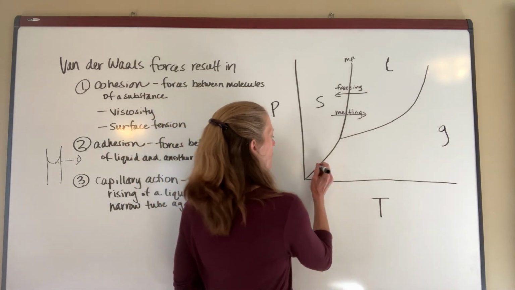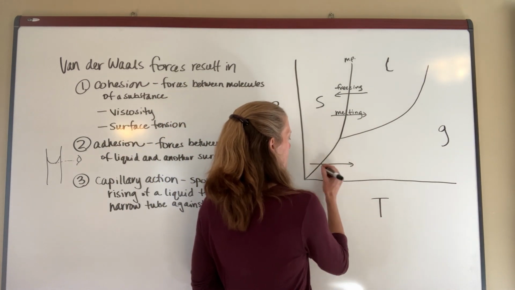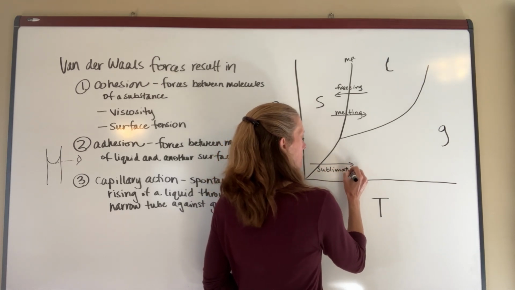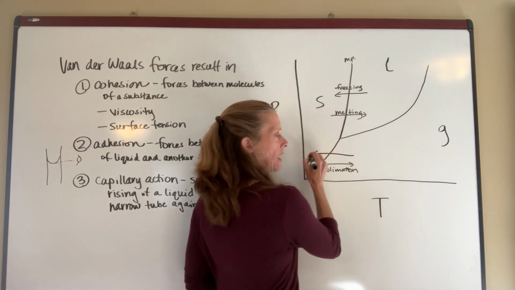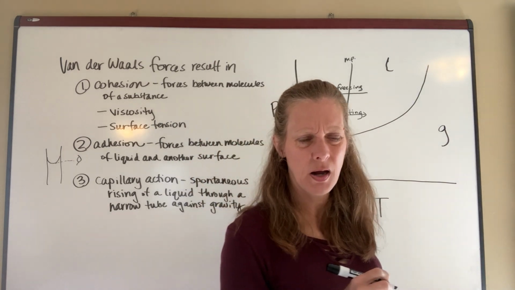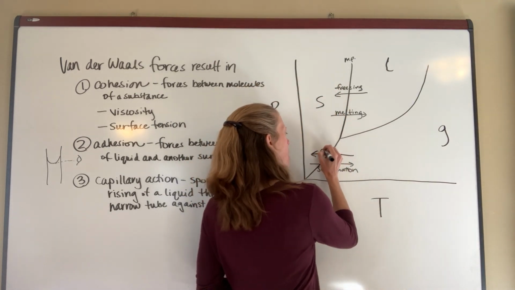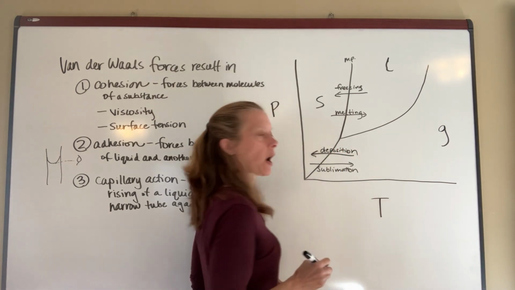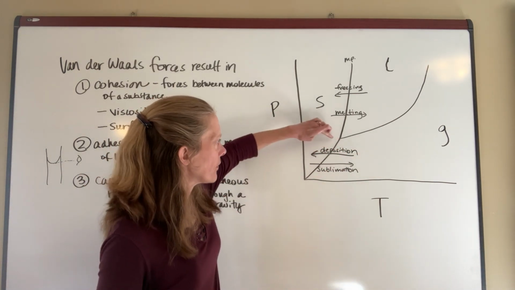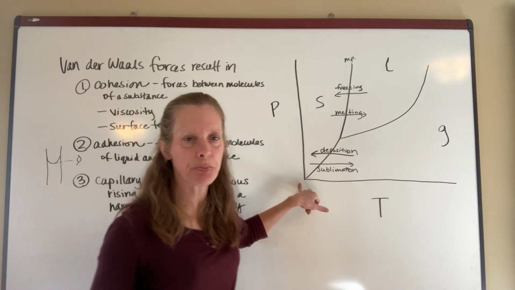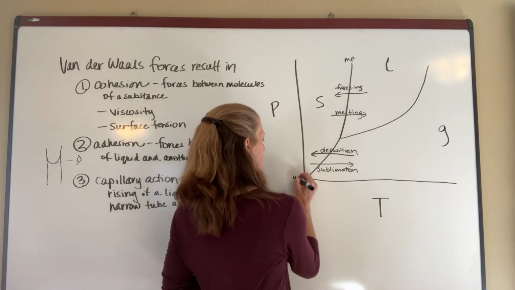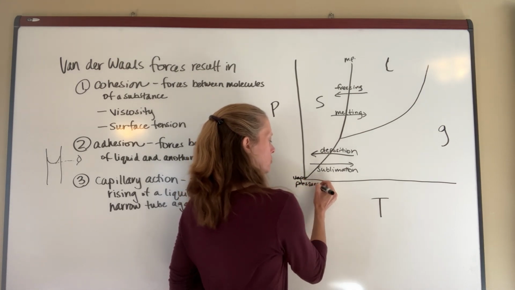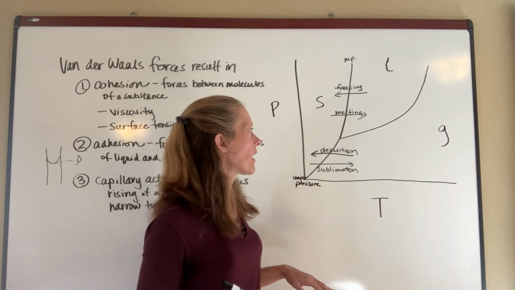Okay, so from here to here, this is the process of sublimation. And when I go the other way, that is called deposition, the opposite of sublimation. From this point to this point, that is going to be the vapor pressure at which that substance is actually going to vaporize.